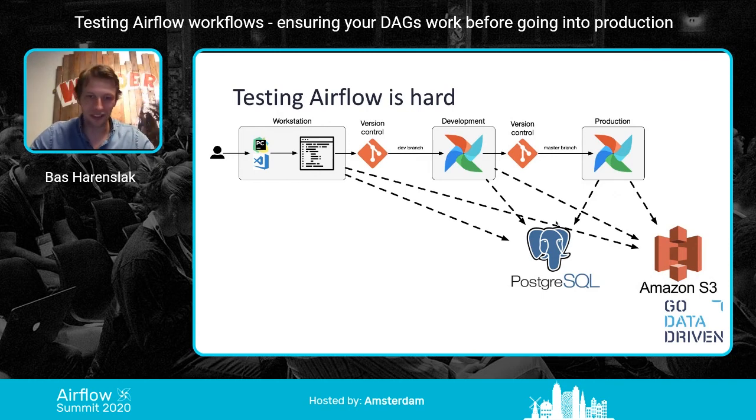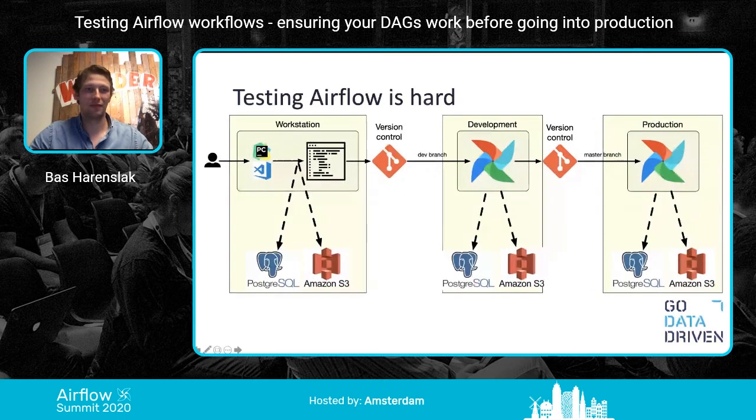And for obvious reasons, this is not ideal from a security perspective. And that's why one of the solutions is that you set up the same environment with all the tools and components for every environment that you're working in. But this is also a lot of work.